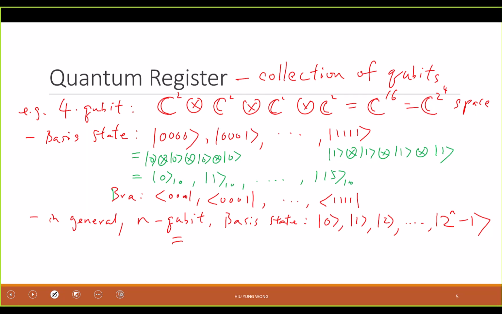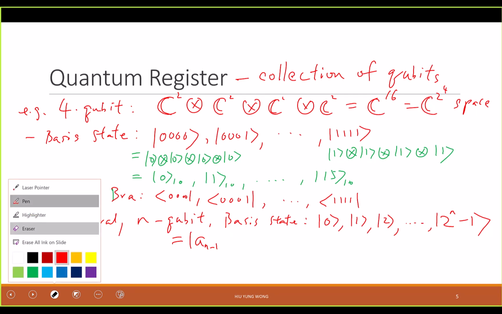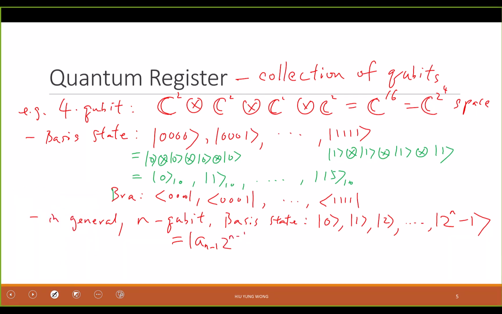But this 2 to the power n minus 1, I can also write as a_(n-1) times 2 to the power n minus 1, plus a_(n-2) times 2 to the power n minus 2, plus all the way to a_0 times 2 to the power 0. That is just how we transform a binary digit into a decimal digit.